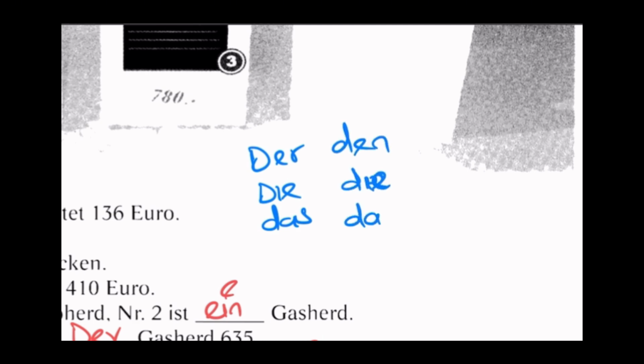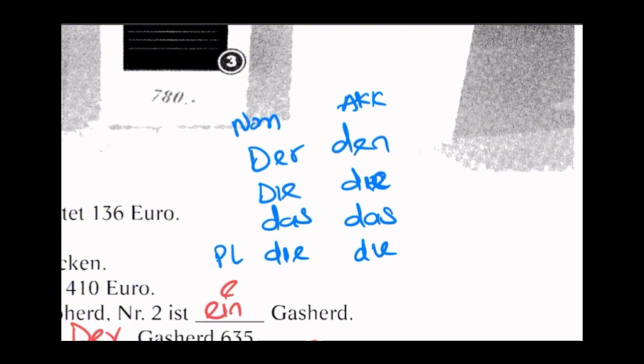And as you go further, you're gonna change, like you have there the das. In accusative you're gonna have den, die, das, and in plural die. This is for plural. So this is nominative. In accusative, you're gonna have den, die, das, die.